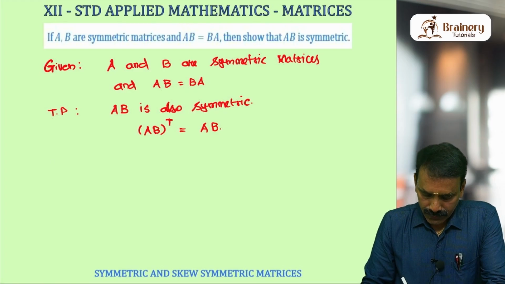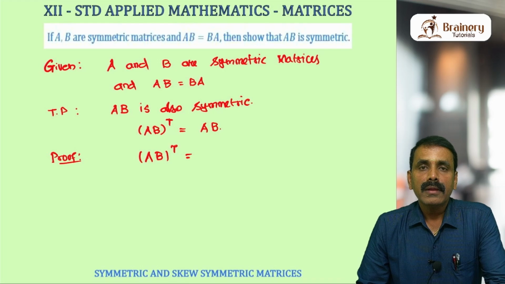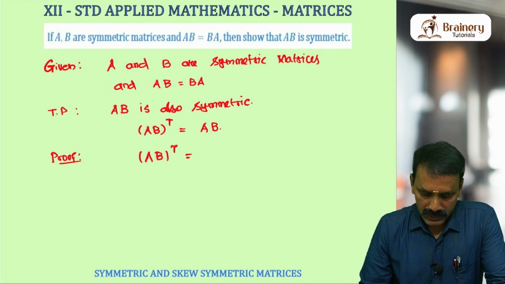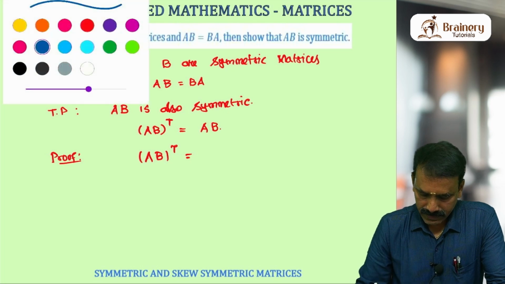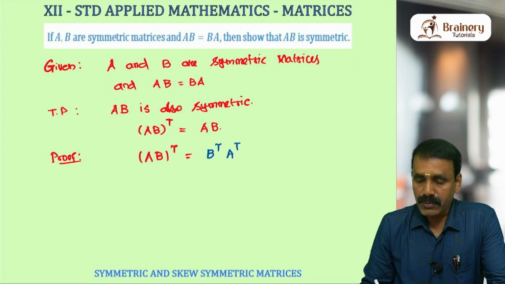So we start with the proof. We start with AB whole transpose. By the property of the transpose of a matrix, AB whole transpose is nothing but B transpose A transpose.